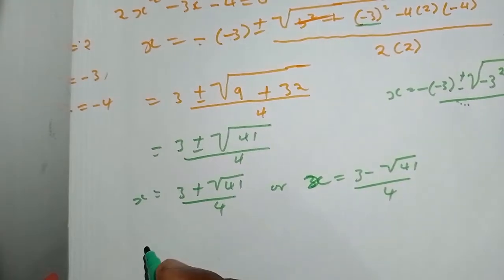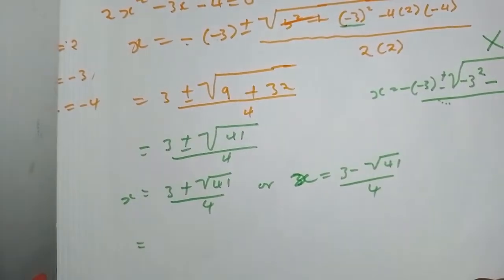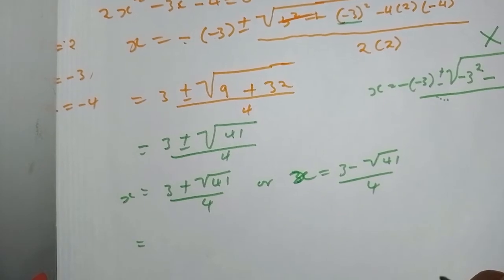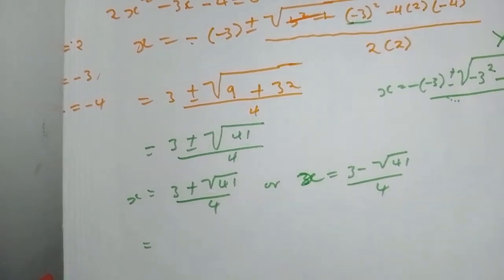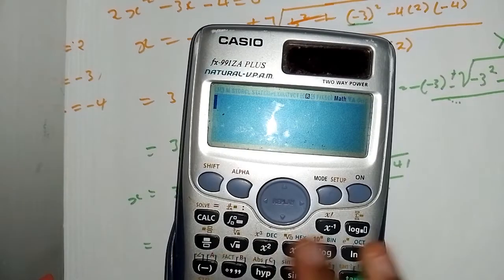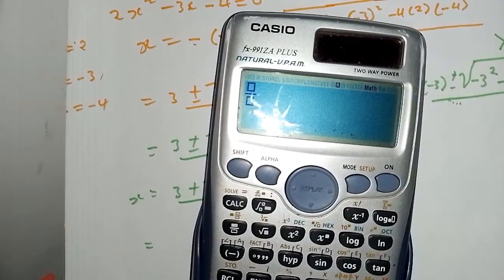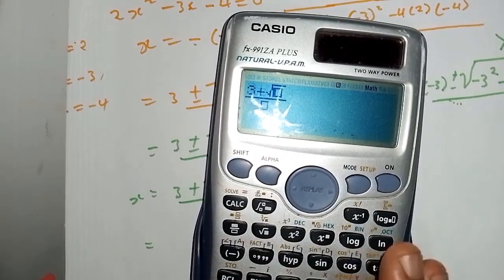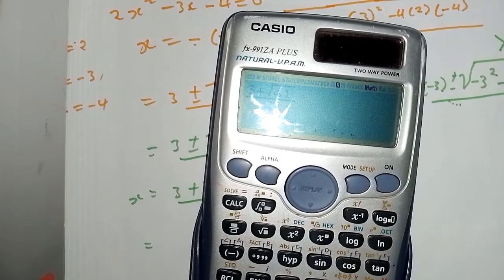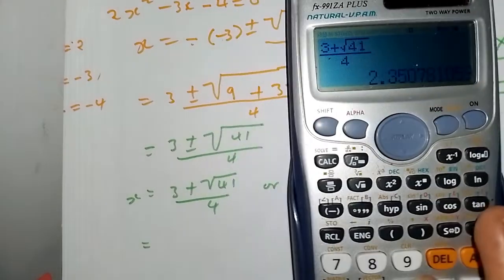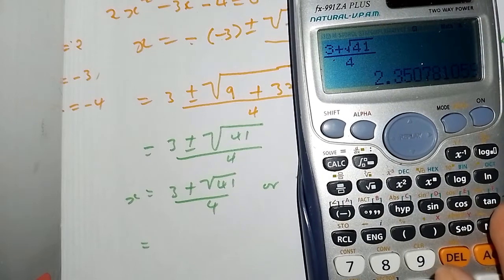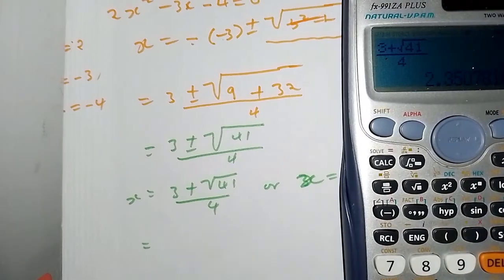There's the value of x. You can just write it in decimals. Let me write it in decimals. This is gonna be 3 plus square root of 41 divided by 4. Where is my answer? 2.35.